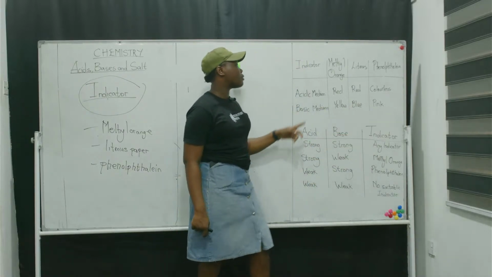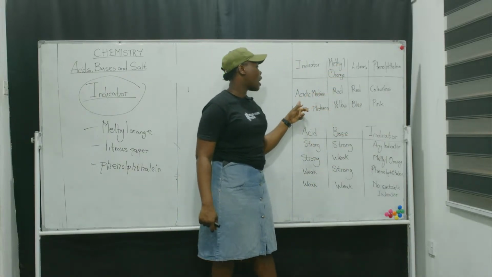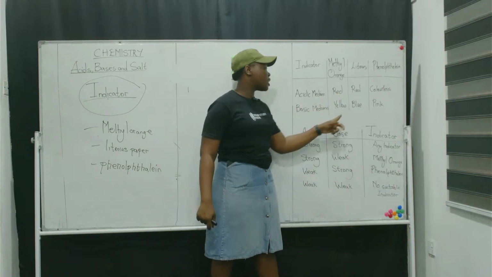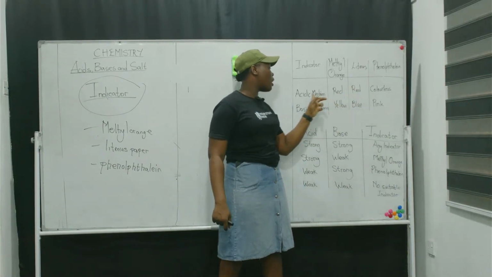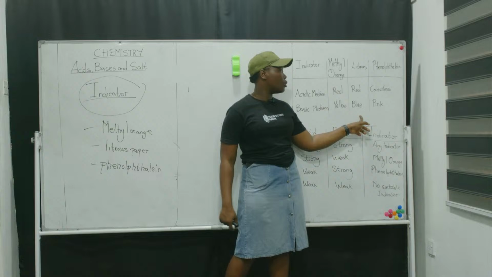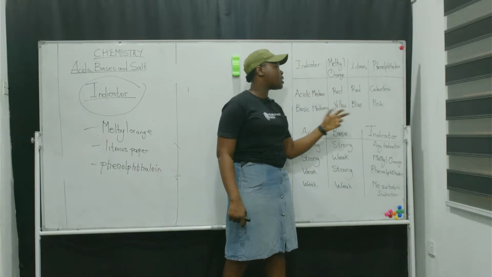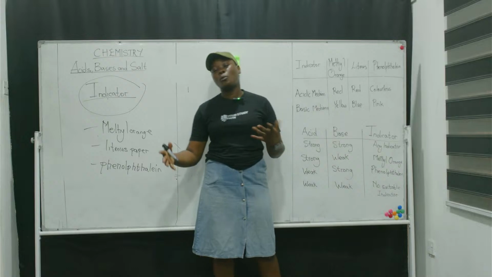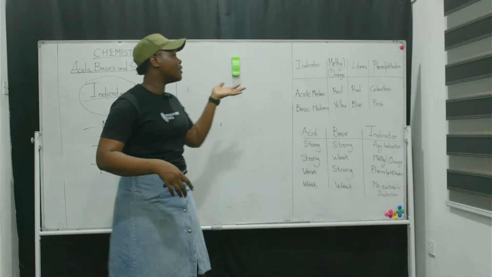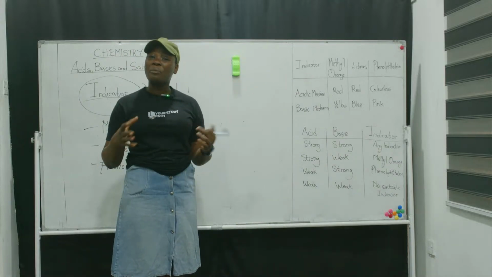Let me take that again. For methyl orange, acidic medium red, basic yellow. Litmus paper, acidic red, basic blue. Phenolphthalein, acidic colorless, basic pink. And so please try to learn this table, because I'm sure there are 3 marks questions.